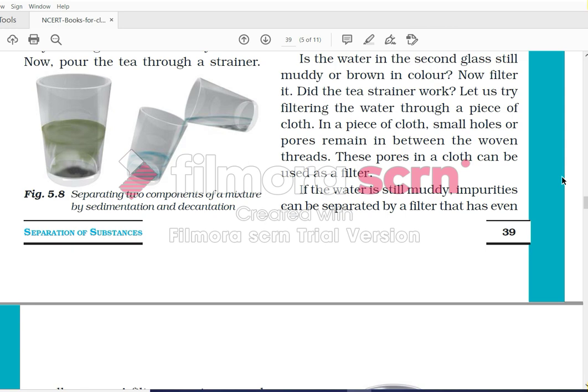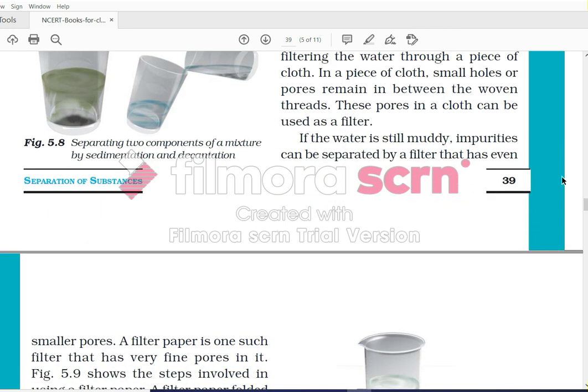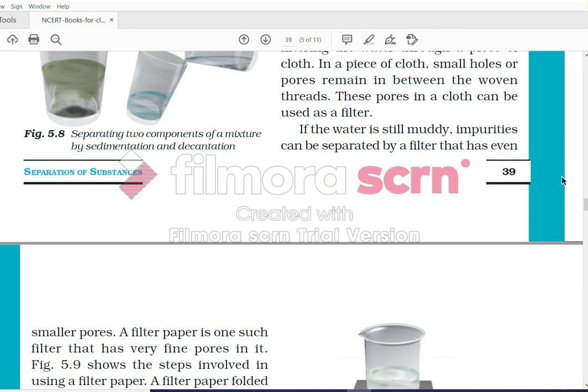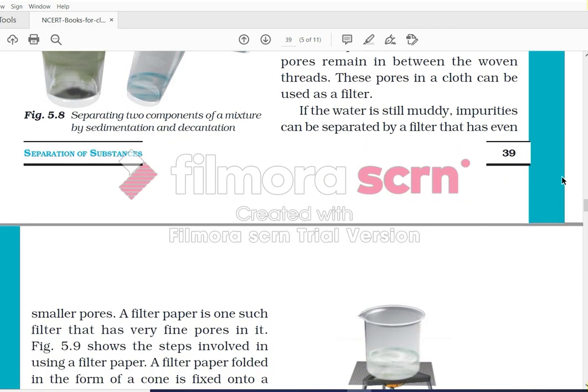Let us try filtering the water through a piece of cloth. In a piece of cloth, small holes or pores remain in between the woven threads. These pores in the cloth can be used as a filter. So this cloth could be used for the filtration process.